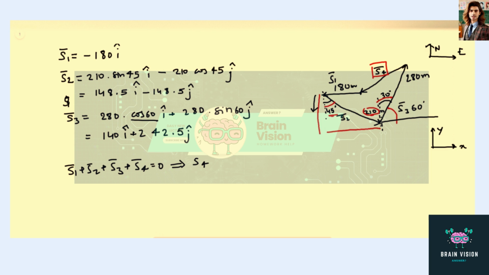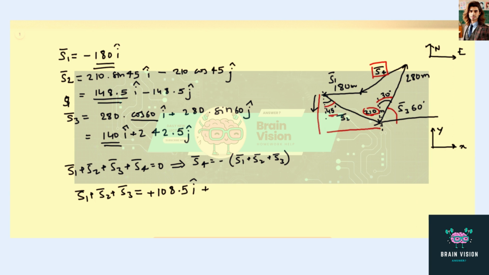Now we know that S1 plus S2 plus S3 plus S4 is equal to 0, which gives us S4 is minus of S1 bar plus S2 bar plus S3 bar, the three vectors. Now, by simply adding their x components, S1 bar plus S2 bar plus S3 bar is equal to minus 180 plus 148.5 plus 140, which will give us plus 108.5 i cap.